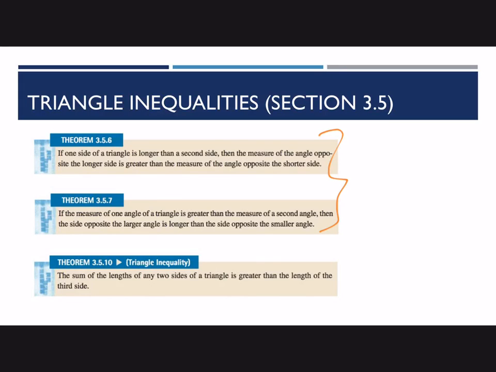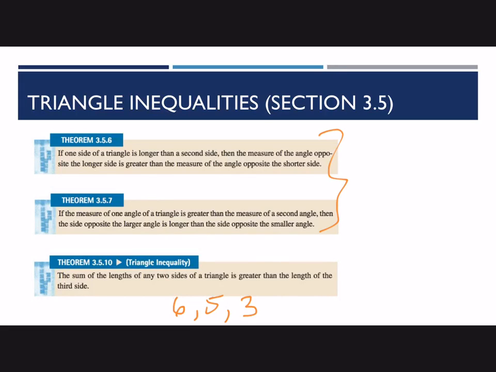So in order for 3 numbers to represent the lengths of a triangle, so for instance like 6, 5, and 3, okay? So if we want to know, could a triangle have lengths of 6, 5, and 3, we need to make sure that the sum of the lengths of any 2 sides of a triangle are greater than the length of the third side.